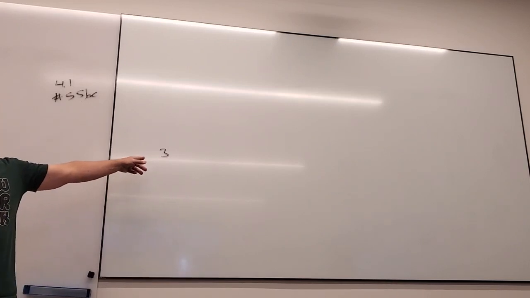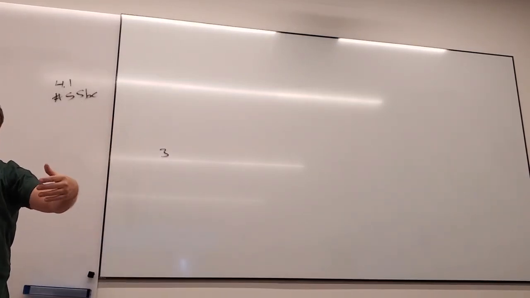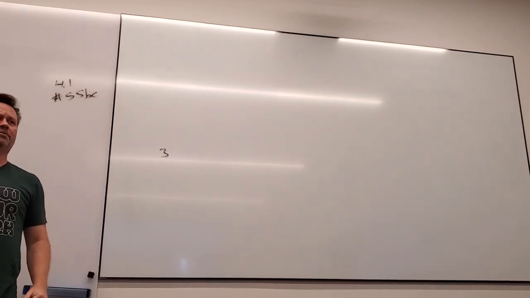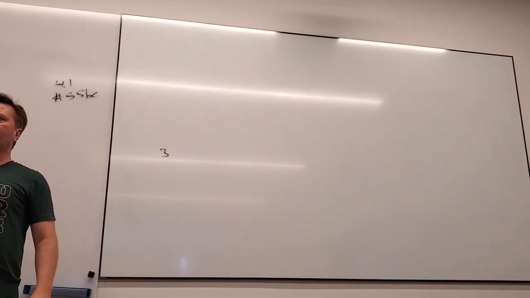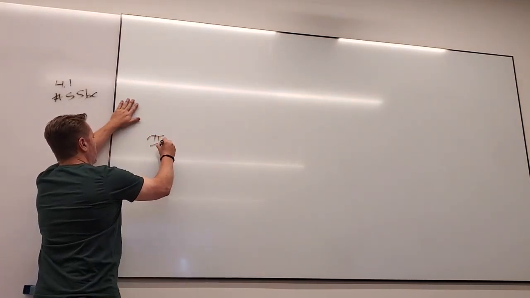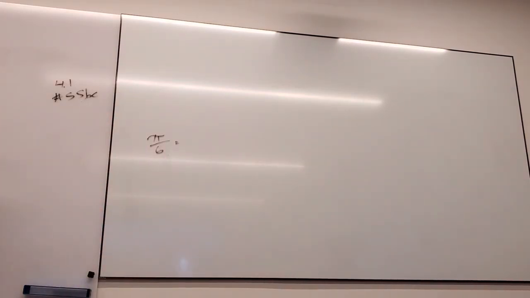Is there a pi in there? No. So does it need to have a pi to be radians? No. Can somebody do in their calculator what pi divided by 6 is? You know where the pi button is, divided by 6. 0.52359.